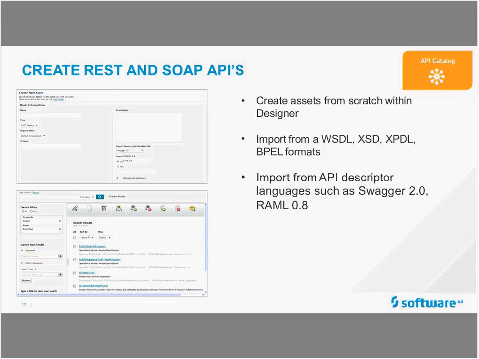So typically, the goal for any API management platform would be to cover the two main API types, which are REST and SOAP. And honestly, most backend systems today are probably more geared towards supporting SOAP-based services, but consumers prefer REST.